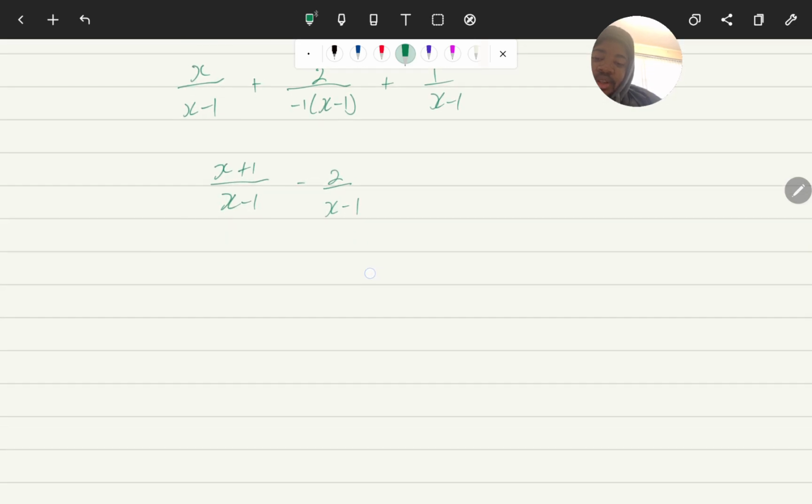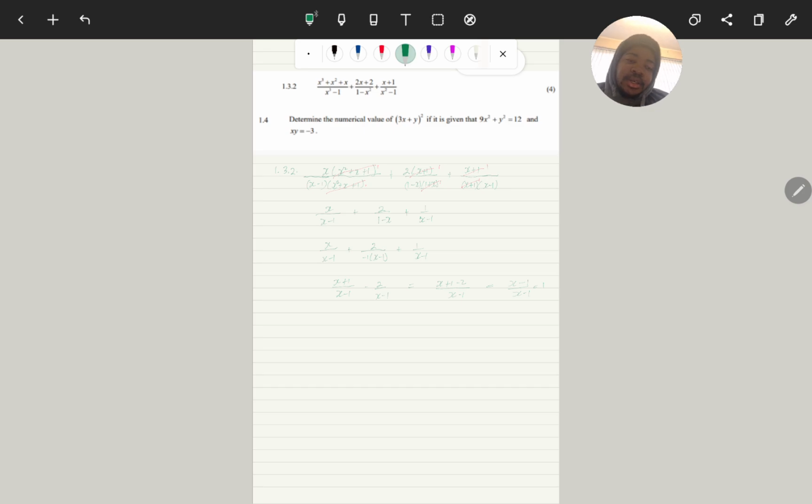So now with the denominators being the same, you have x plus 1 minus 2 over x minus 1, which is x minus 1 over x minus 1, which is 1, right? Maybe I was too fast. All right, long, but yeah, we got it.